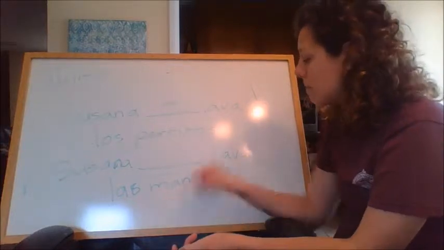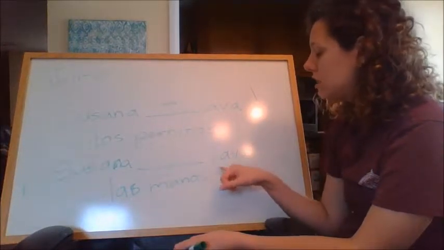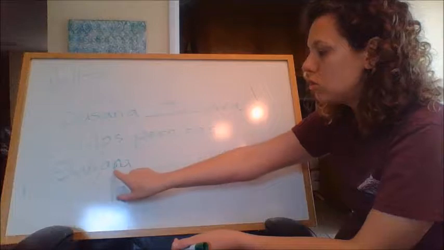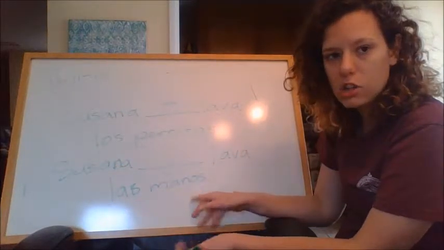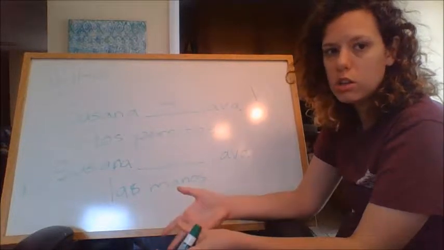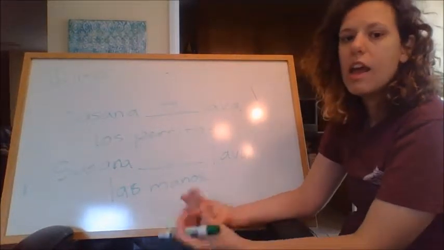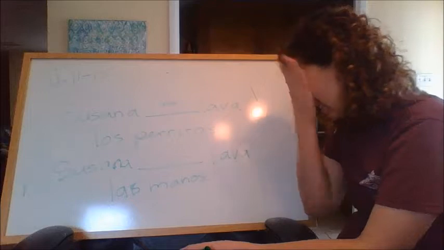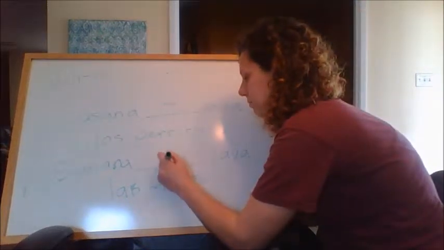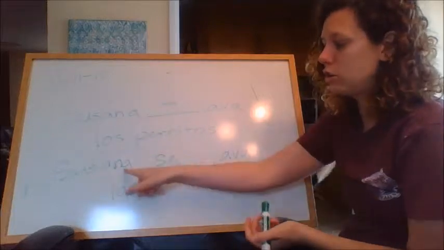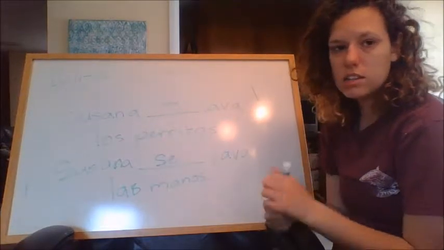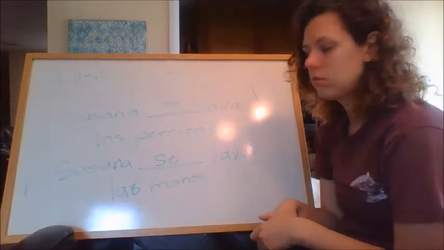All right, so that means that in this case, this lava is reflexive because Susan is doing the action and she's receiving the action of washing her own hands. So she's doing the washing, and it's her hands that are being washed. So we have to say se. Okay. Now it's se because Susana is third person, and se is the third person reflexive pronoun.